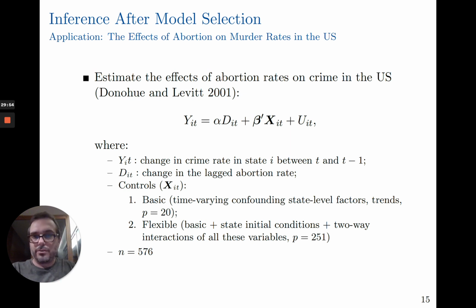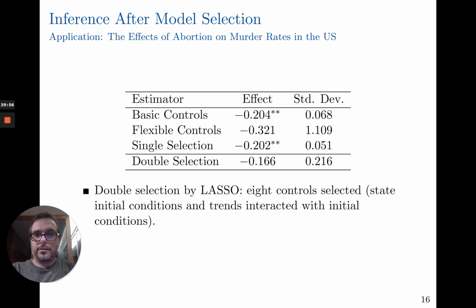Just to go quickly here, it shows that if we don't include any control, you see a significant effect of abortion on crime reduction. If you include the flexible controls, the effect is even larger, but it's not statistically significant because you have a large dimensional set of controls.